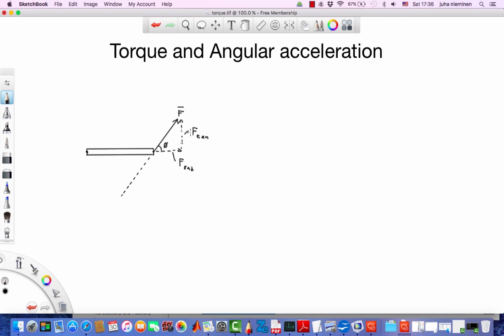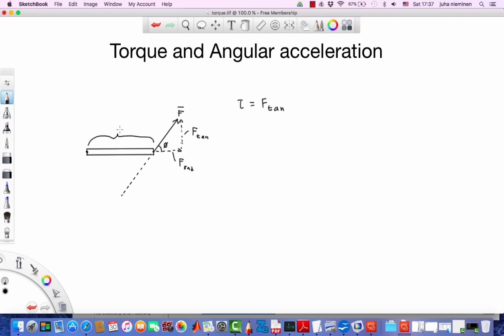In this case, the only component doing work is the opposite one. So, torque is defined as the component that can produce angular motion, the tangential one, multiplied by the distance from the pivot point.